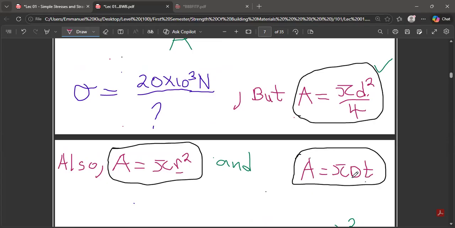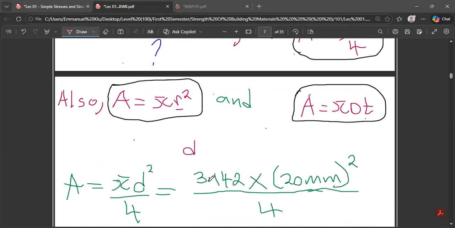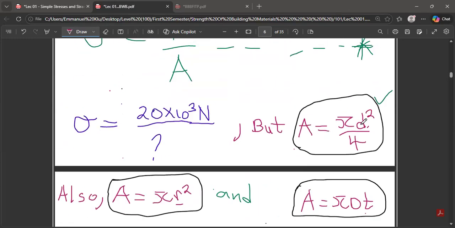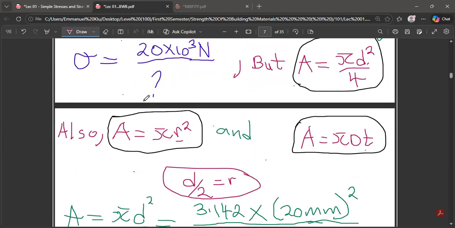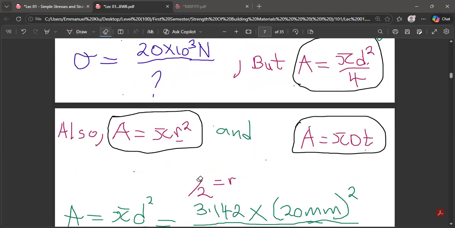If we were given diameter, why don't you use just the diameter one and move straight? Don't make life difficult for yourself. If you still want to use the radius formula, it means that you have to divide the diameter by 2 to get the radius, and that is a very long step. Just use this one straightforward, pi d squared over 4, and life becomes much easier.